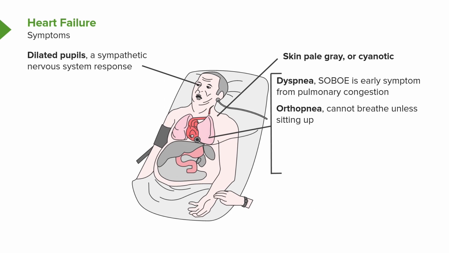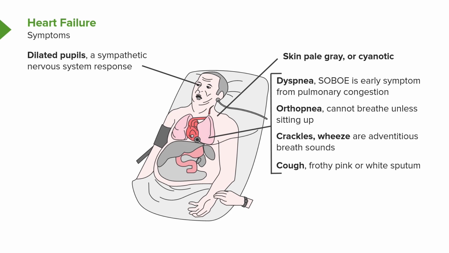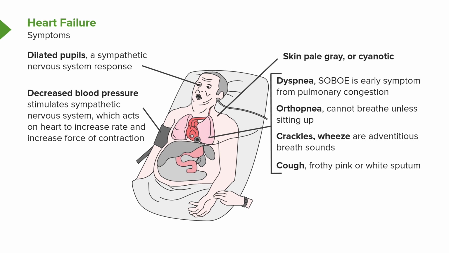They may be uncomfortable lying back and feel more comfortable breathing sitting up. There may actually be sounds in the lungs from fluid in the lungs, crackles or so-called rales. They may have a cough from the excess fluid that's in their system. There is often increased pressure in the veins, and you can actually see that in the neck.